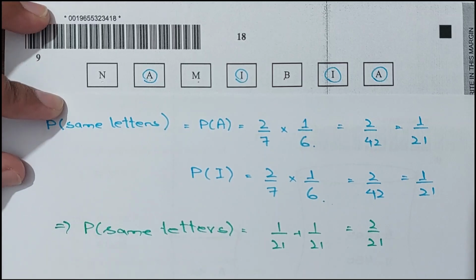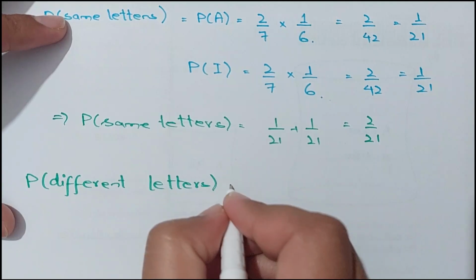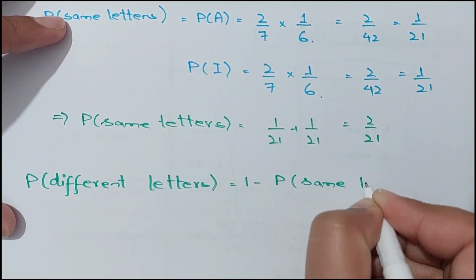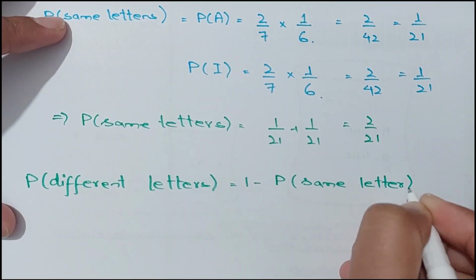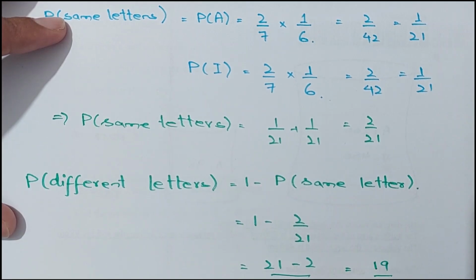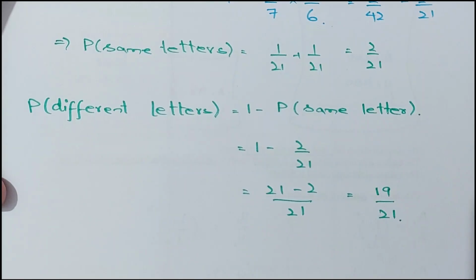All right, now for different letters, probability of different letters would be equal to 1 minus probability of same letters. We are using the not rule over here. 1 minus probability of the same letters. This is 21 minus 2 over 21. 21 take away 2 is 19 out of 21. So that is the probability of when all the letters are different.